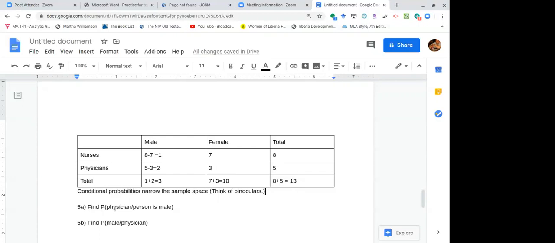Now, here's the other thing. The condition part of it comes to the right of the line. So you see this word, and we read this as find. This is find the probability.